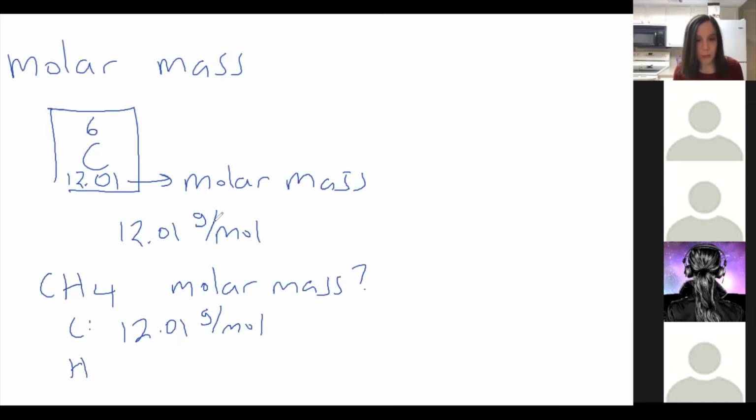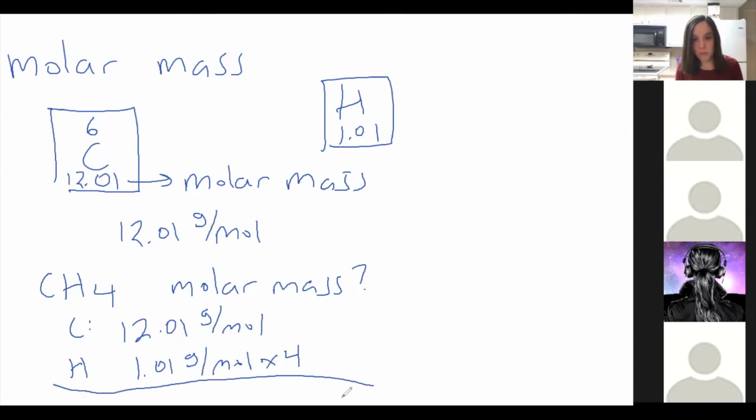Now for hydrogen, you look at the periodic table, what you'd see is it's 1.01. So we know hydrogen's molar mass is 1.01. Now there are 4 H's in this compound. So we have to multiply 1.01 times 4. We'd add those together.